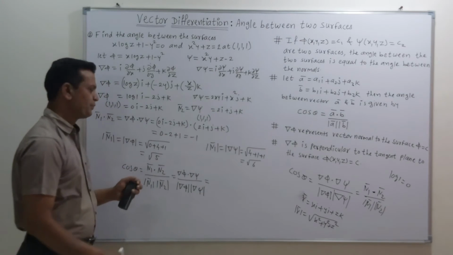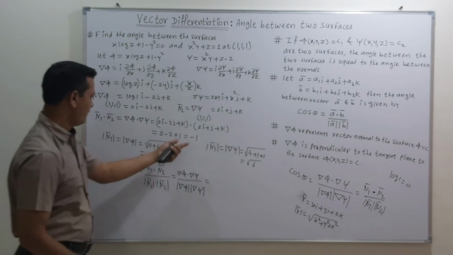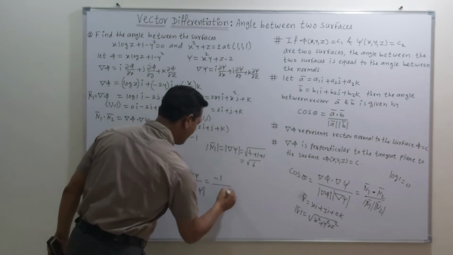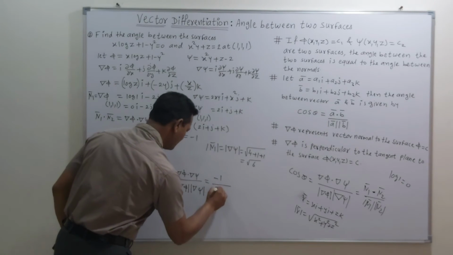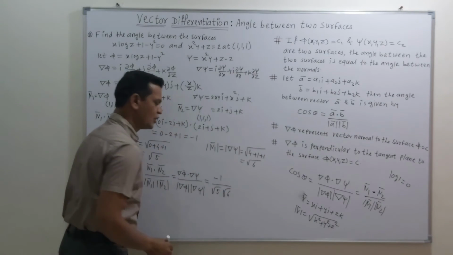So this dot product n1 dot n2 is minus 1, upon the magnitude of the first normal to the surface, which is root of 5, and this value is root of 7.